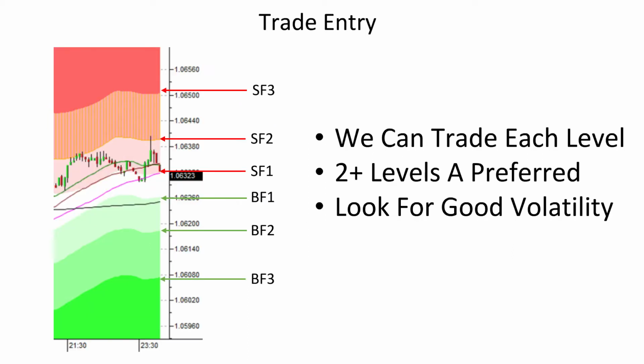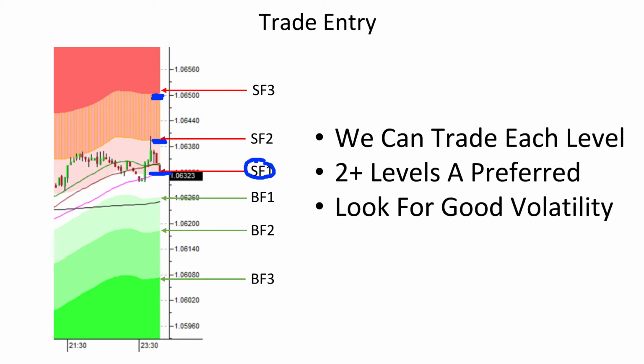All right, so let's talk about the different levels. We didn't really have any specific terminology, so I call the red fibs sell fibs. I've got an SF1, which is just your first sell level. SF2 would be the second sell level.